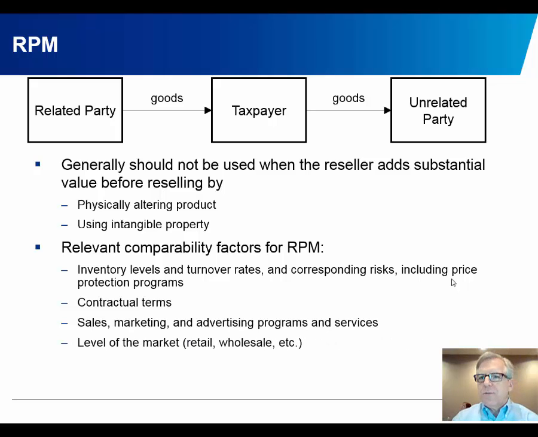What level of the market is very important. If our related party is selling to the taxpayer and the taxpayer is the wholesale distributor, that's quite different than if you're selling it at the retail level. The wholesaler is going to take on the task of finding all the retail sellers who they're going to then sell on to, and that's quite different. So try not to ever compare a gross margin of a wholesale distributor to a retail distributor.